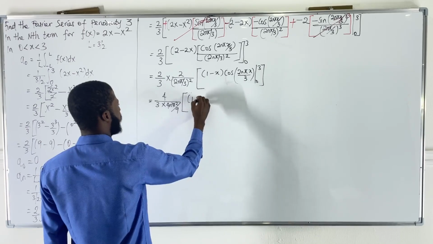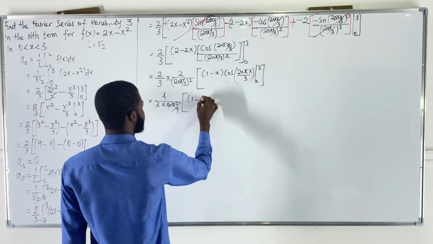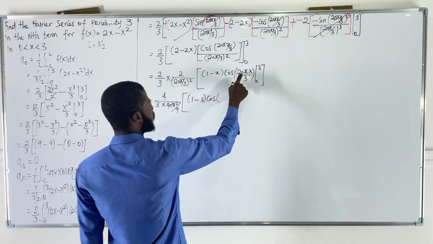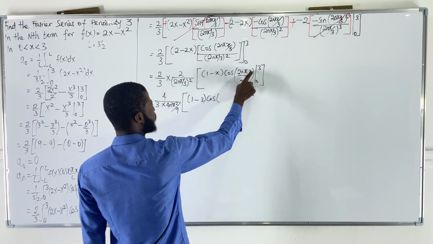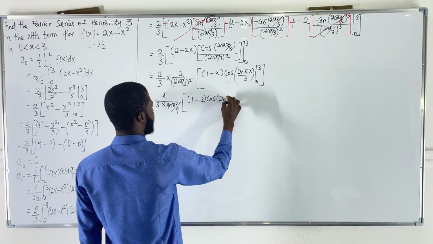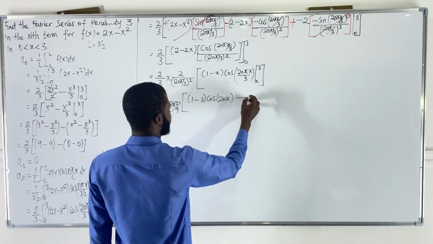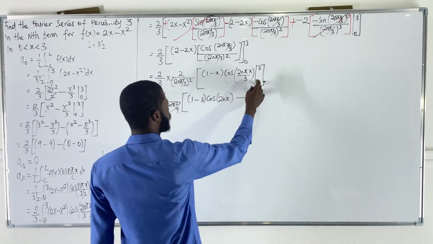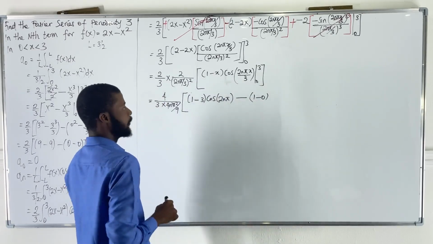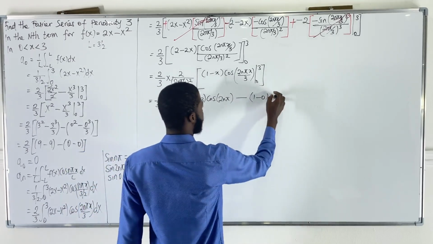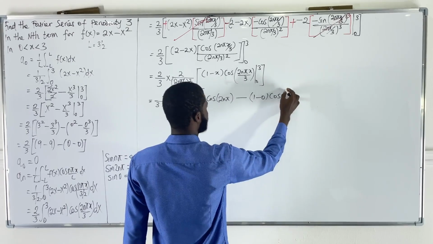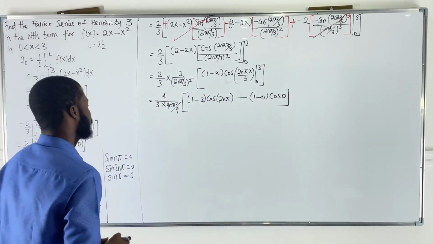So this is 1 minus 3 cosine of, now take a look at this. X is 3. So 3 over 3 is 1. 1 times 2n pi is 2n pi. So this is the upper limit, minus. For the lower limit, x will be 0. So this is 1 minus 0 cos, and if we put 0 here, everything will just turn 0.